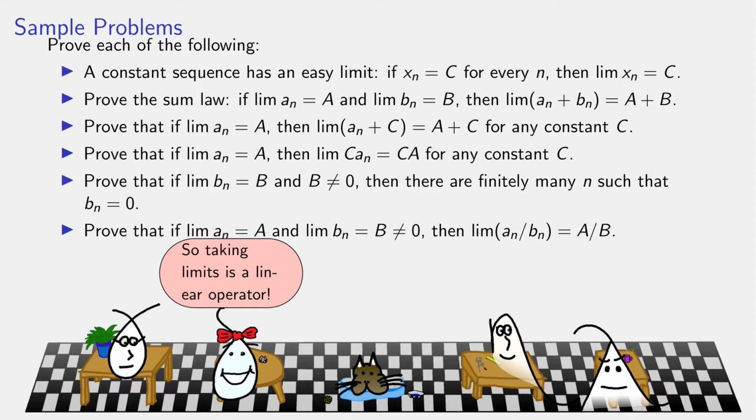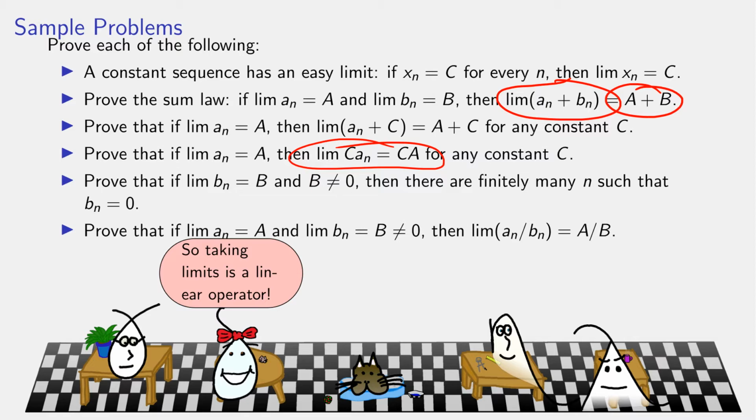Yeah, if you have done all of these problems, you'll see the limit of 2 things is equal to the sum of the 2 limits. Also, scalars factor out of limits. And between these 2 facts, you're saying that taking limits is a linear operator of sorts.